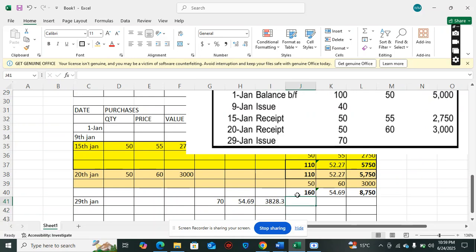So we initially had 160 units. We issued out 70. So we've remained with 90 units valued at 54.69. So the value of the closing inventory, 90 times 54.69. That's the value of the closing inventory, 4,922.1.